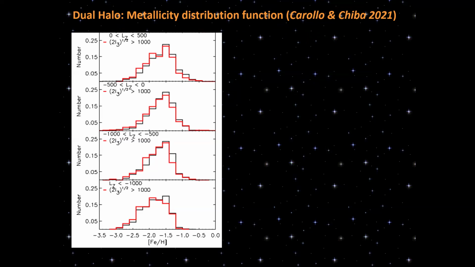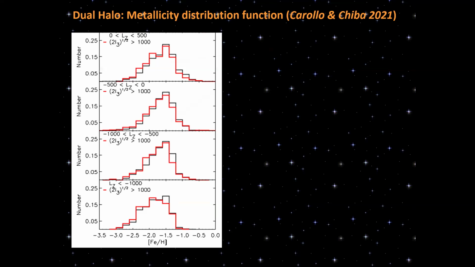This is important because we have revisited the dual halo in this paper, and this is the metallicity distribution function for data release 7 SDSS stars, with values of Lz that go from slightly prograde, positive values of Lz, and progressively from top to bottom toward retrograde motion.